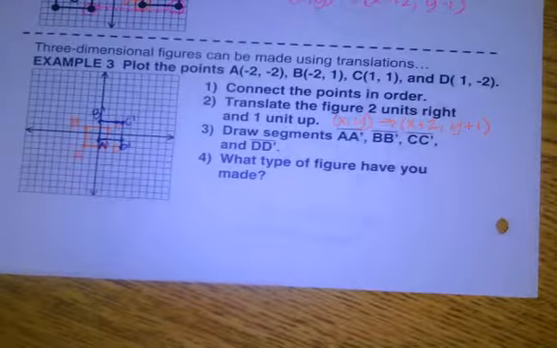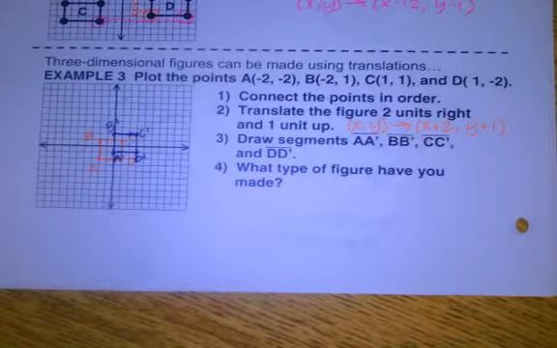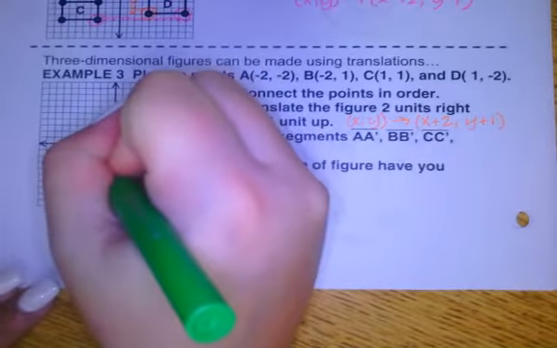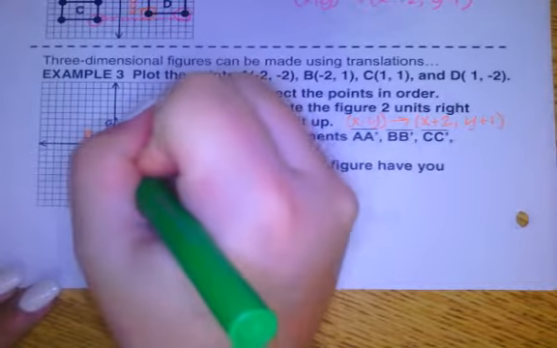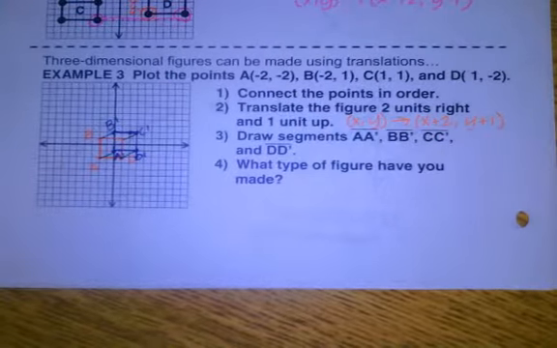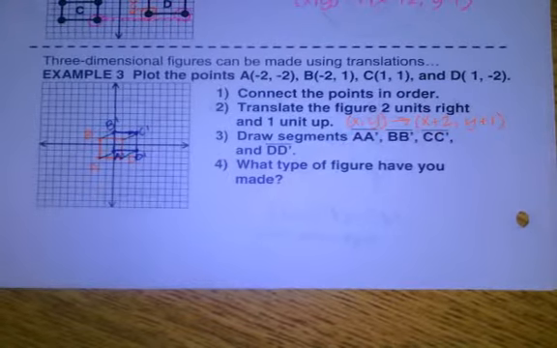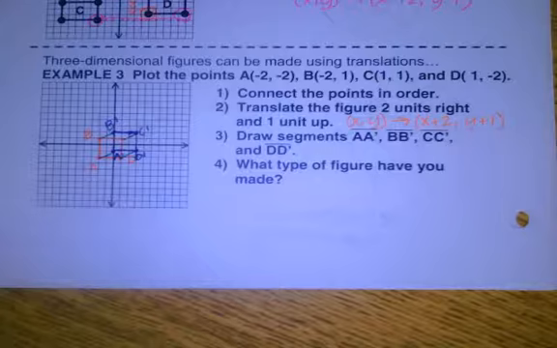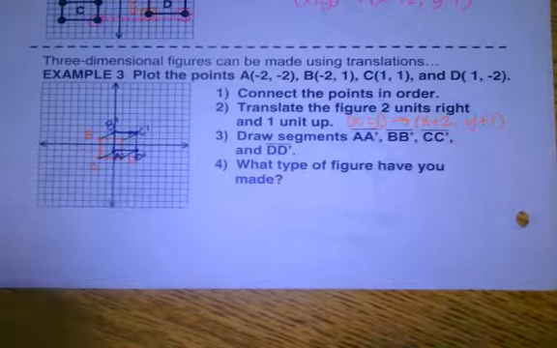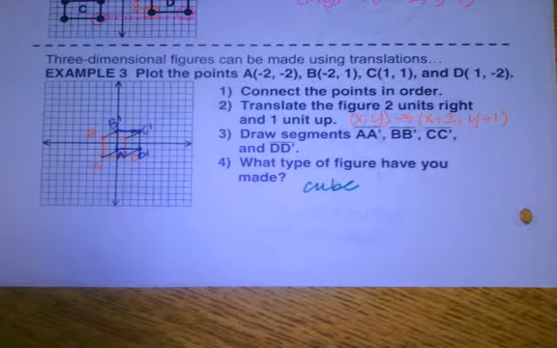Okay, step 3 says draw segments A prime, B prime, C prime, and D prime. So connect your line. Okay, what type of figure have we made? A cube. Okay, we have made a cube.